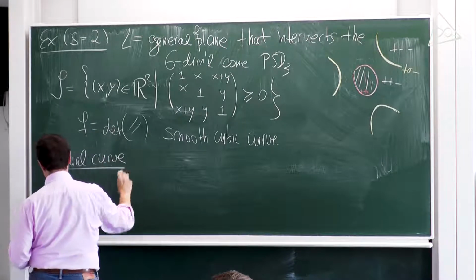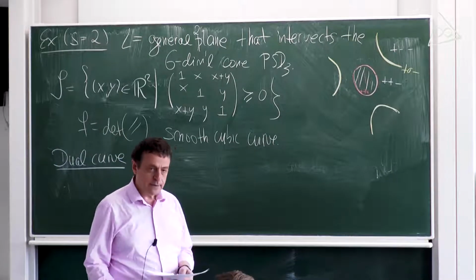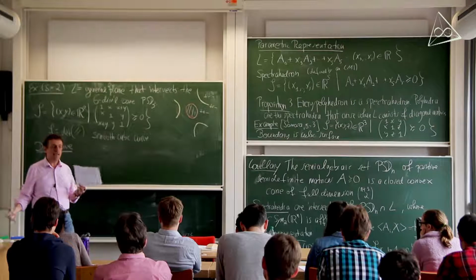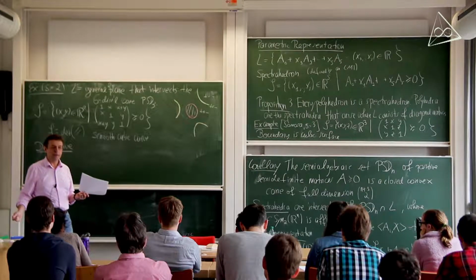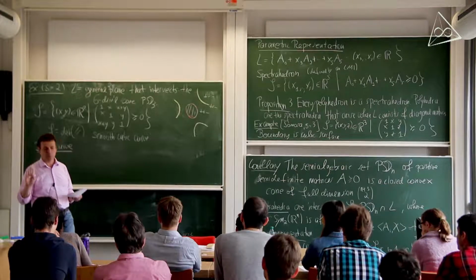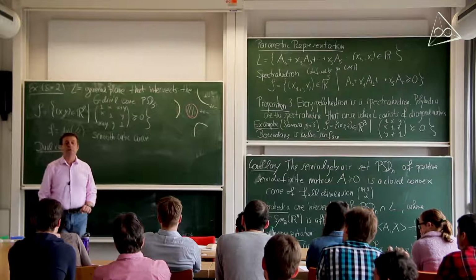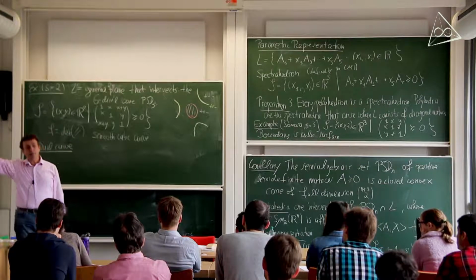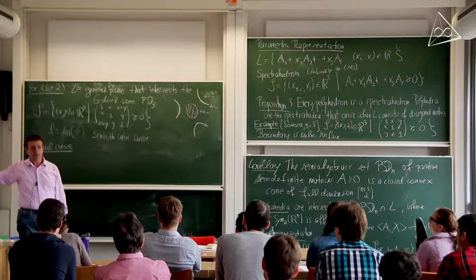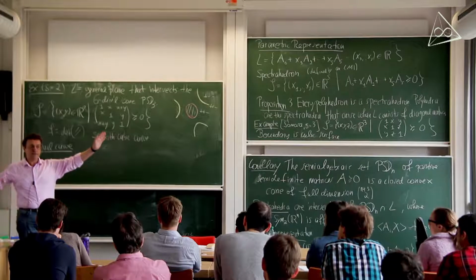Let me make a few remarks about the dual curve. Duality, in this case, is between points and hyperplanes. This is quite natural if you follow a normal mathy version of a linear algebra class: there's a vector space over here, and it has points, or vectors. Then there's a dual vector space over there.